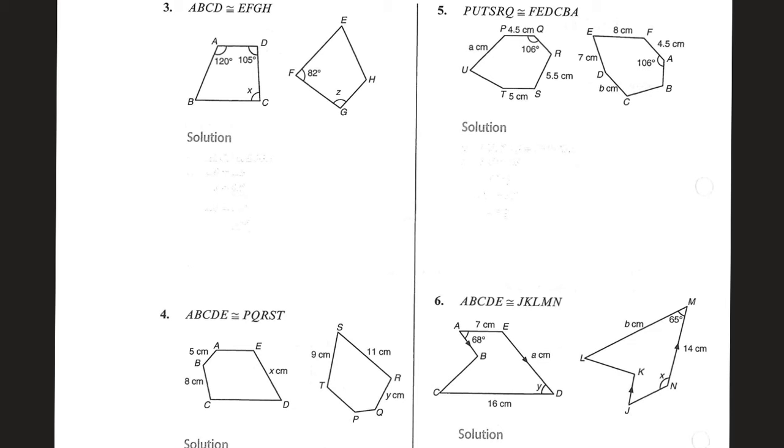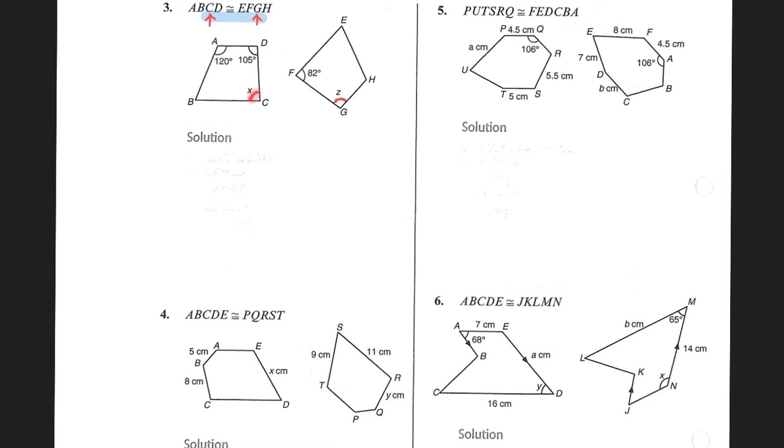Now we come to the main idea: how we can make use of given congruent figures to say some angles are the same or find the unknowns. For example, in number 3 here, you're asked to find the unknowns x and z. Angle x is located at C. According to the congruent figures, C matches with G, which is z over there.